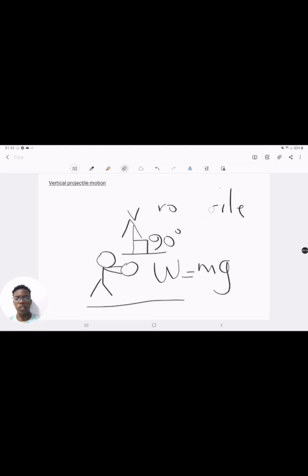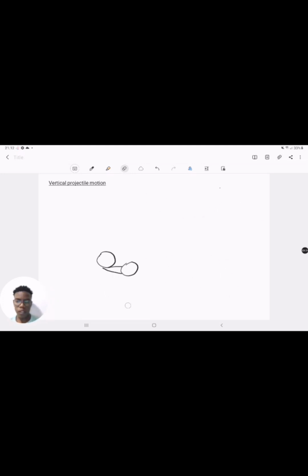In this case, the object is the ball. So to summarize, vertical projectile motion is the movement of a body or an object in the vertical direction under its own weight, with the only force that it's experiencing being its own weight.